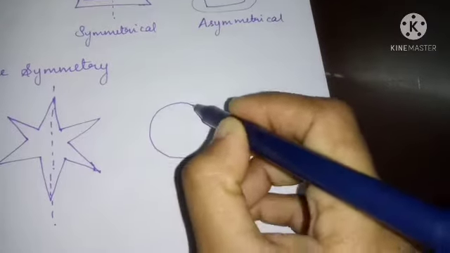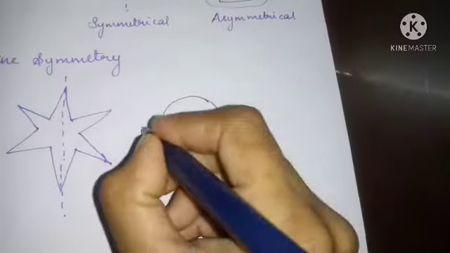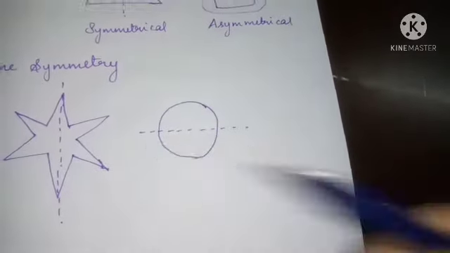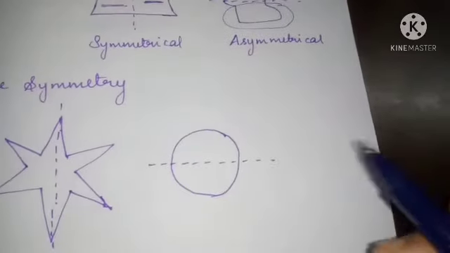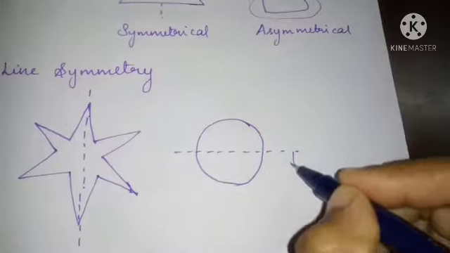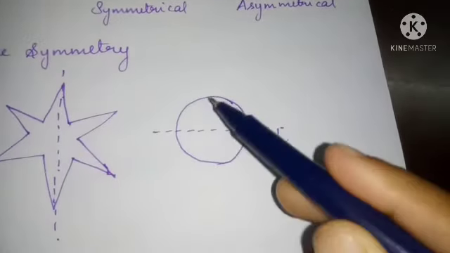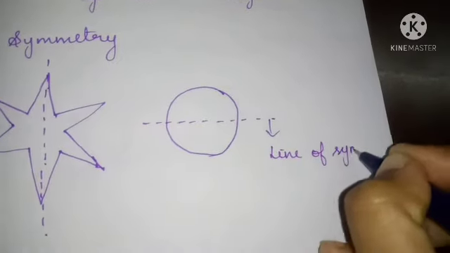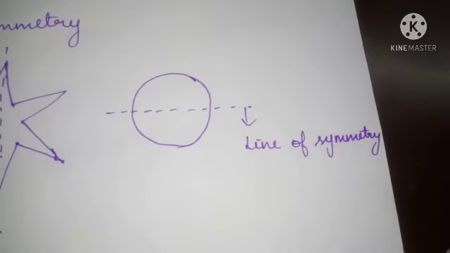I am going to draw one circle. Now I am going to draw one line. This part is equal to this part, correct? So this circle is symmetrical. The line which is dividing this diagram into two parts is called the line of symmetry.